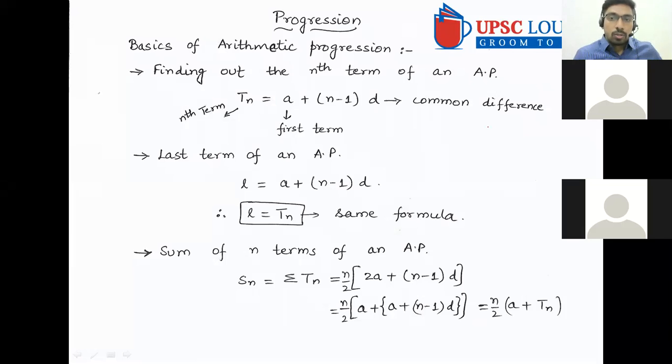So we discussed sequence and series. I already told you series has three combinations: AP, GP and HP.